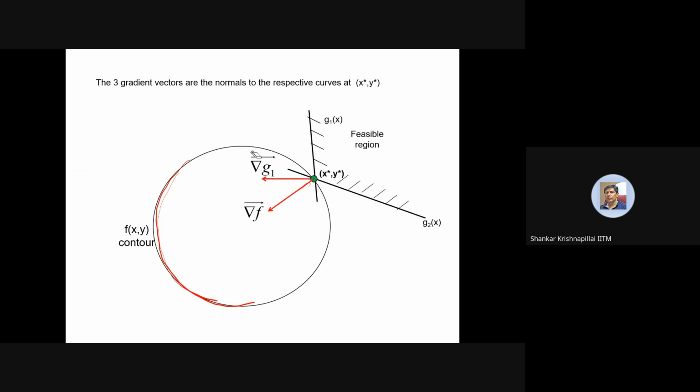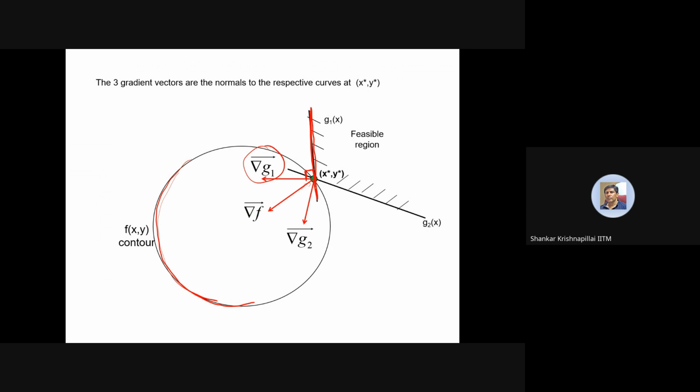Then del G1 is the gradient vector of constraint 1. It is normal to the constraint boundary of G1.